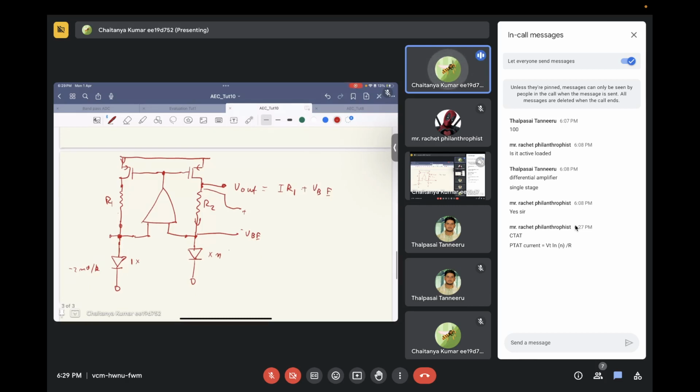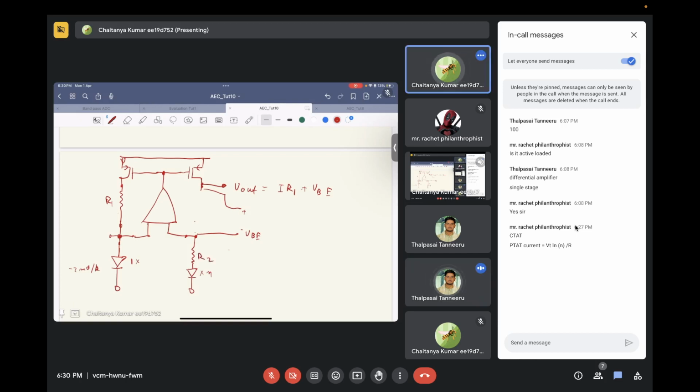Wait, I think I have made a mistake in this. Sorry. This is VBE. Can you guys help me draw the basic band gap structure? Yes, sir.